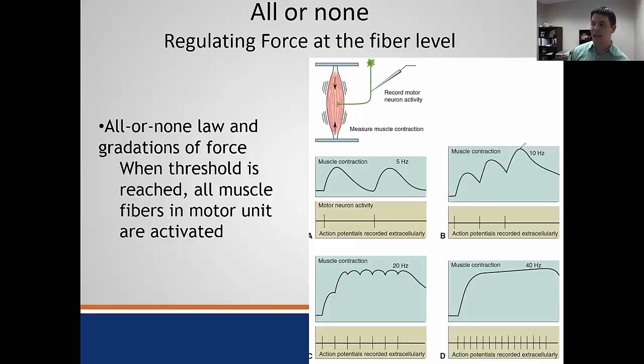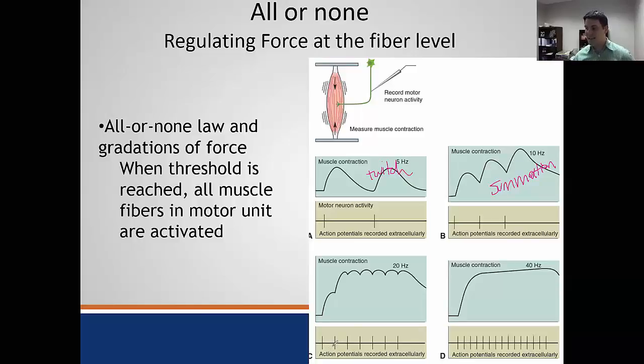If we do that again, we continue to get higher and higher levels of force. Essentially we're adding this muscle force onto this, and then adding this onto this, and that adding is nice when the English language makes sense, and we call that summation. So we have our twitch, and then we have the summation, or the addition, of these muscle twitches onto each other to get an even higher force.